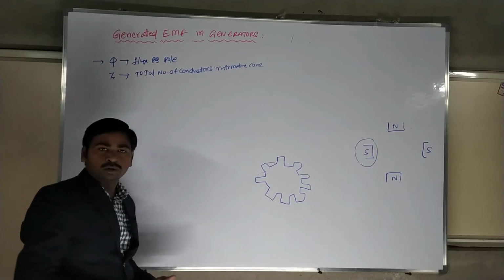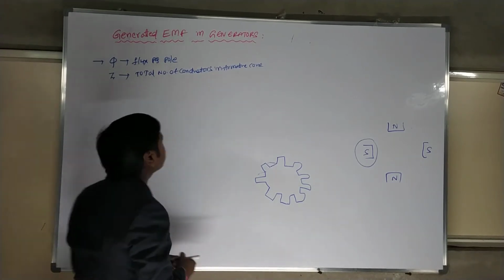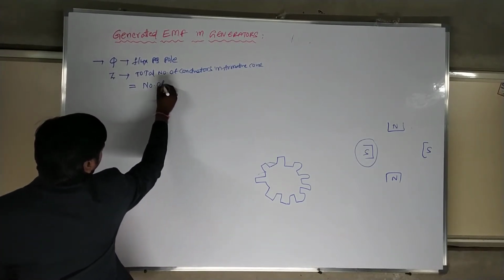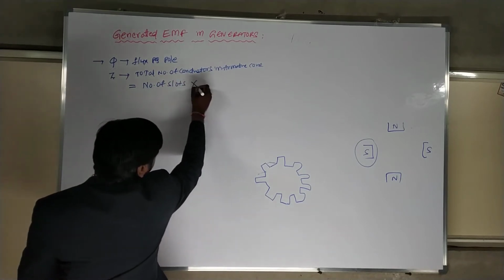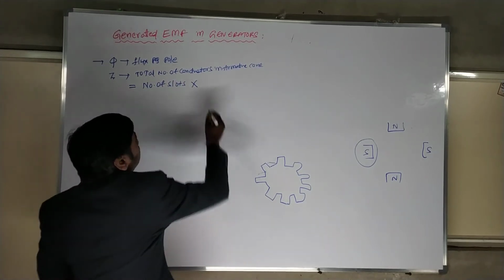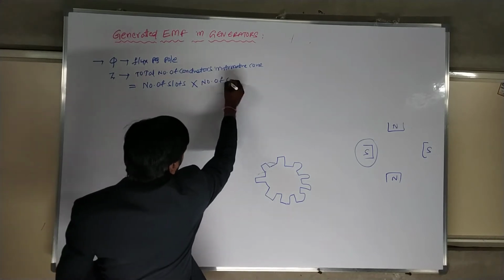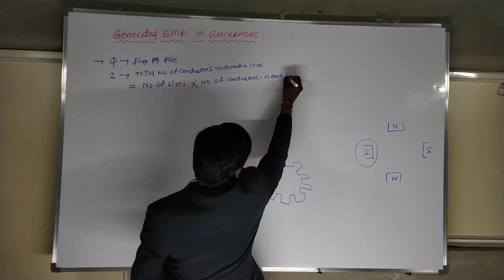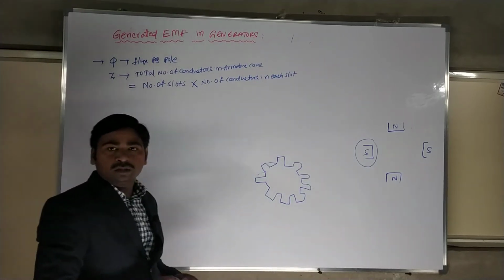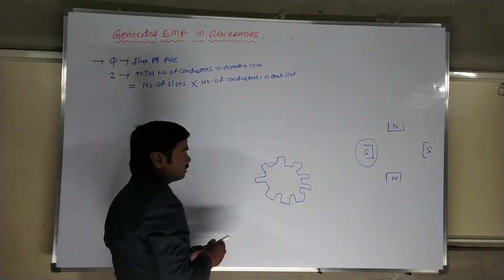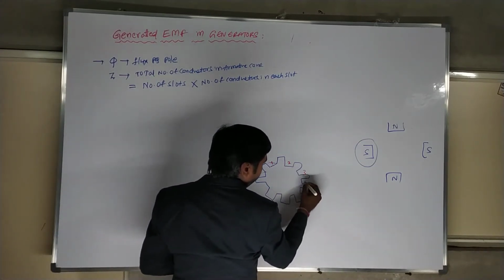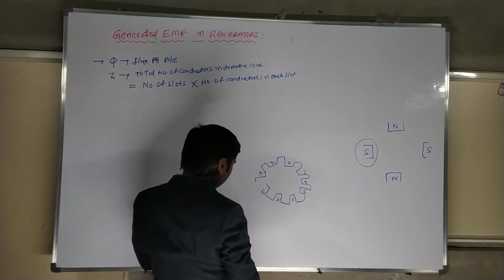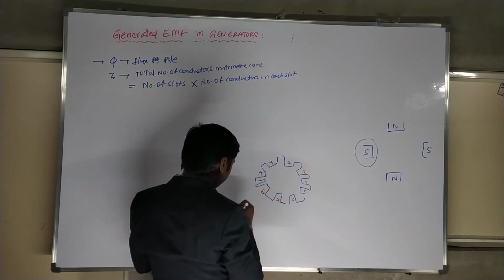If you want to count, we can write it another way also: the total number of conductors is equal to the number of slots multiplied by the number of conductors in each slot. For example, how many slots are there? 1, 2, 3, 4, 5, 6, 7, 8, 9, and one more slot to understand very clearly, so there are 10 slots.